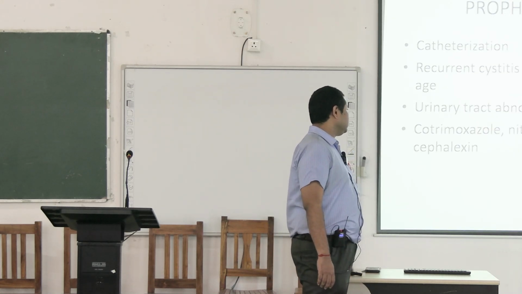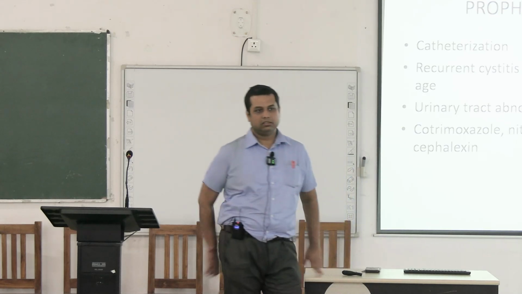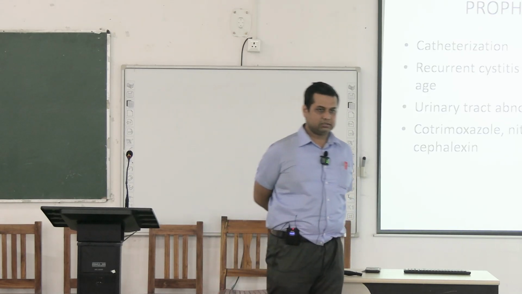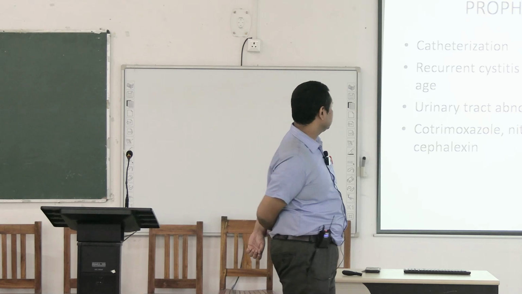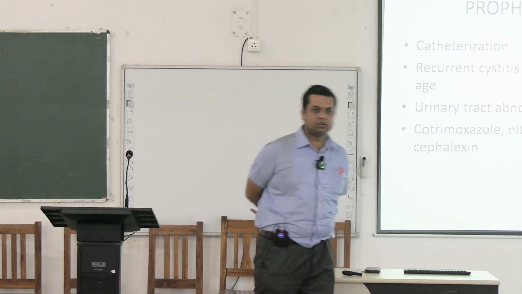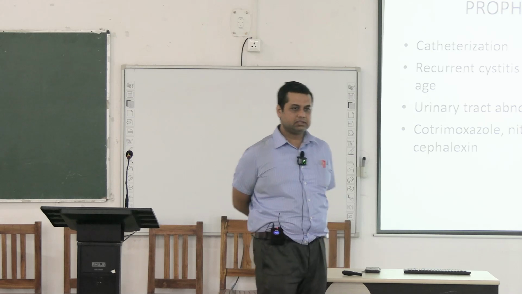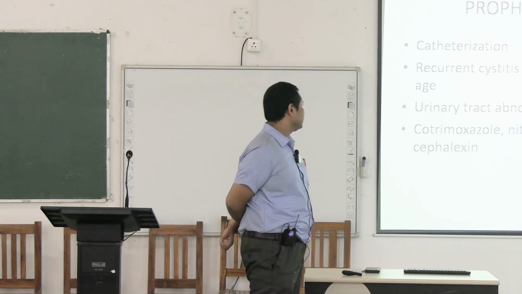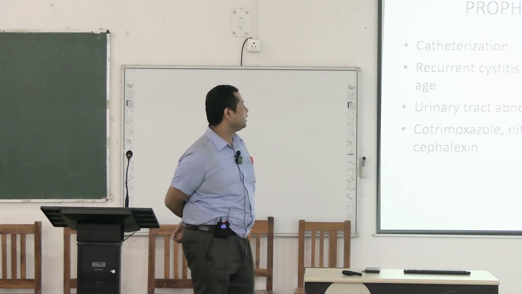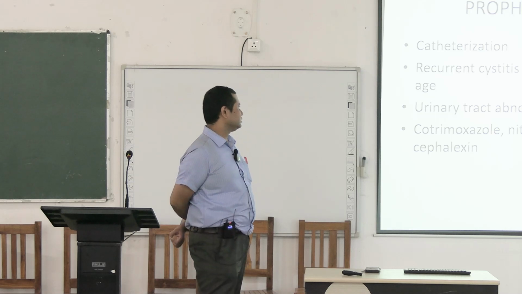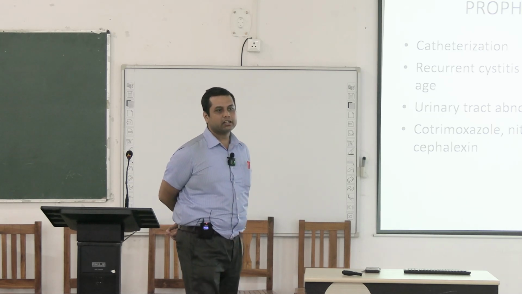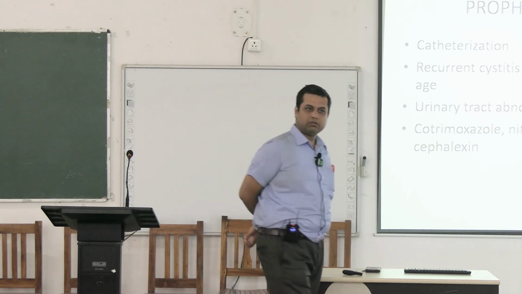Prophylaxis of UTI. In some cases we need prophylaxis. In which case? Catheterization or if there is some procedure in the urinary system. Then recurrent cystitis in women of childbearing age. Urinary tract abnormalities. What happens?